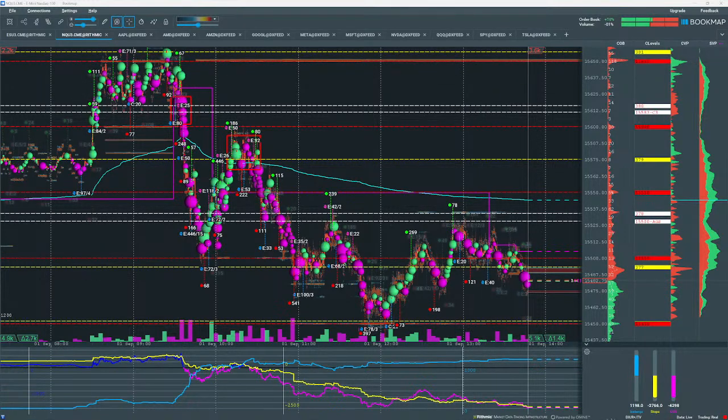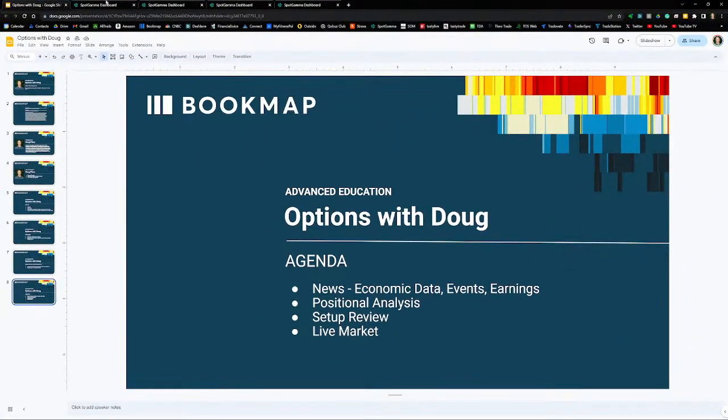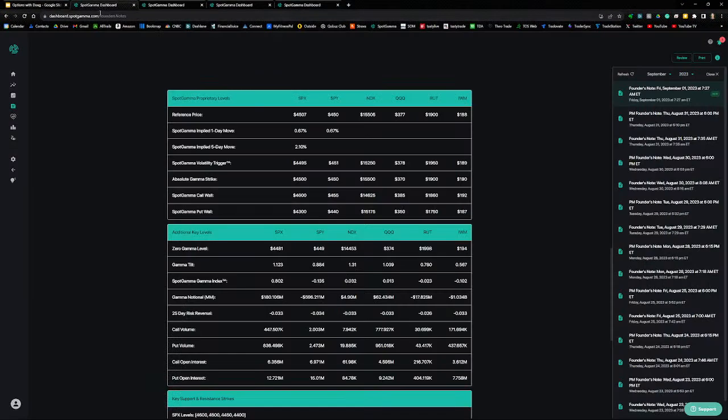All right, let's take a look at gamma notional now, so we can understand how market makers were positioned on the gamma curve at the beginning of the day and how they might react to changes in price and implied volatility. So I'm going to look at gamma notional for SPX, SPY, NDX, and QQQ.